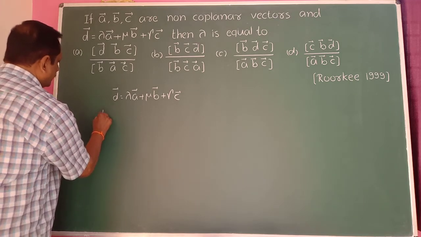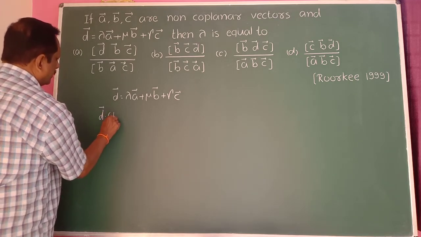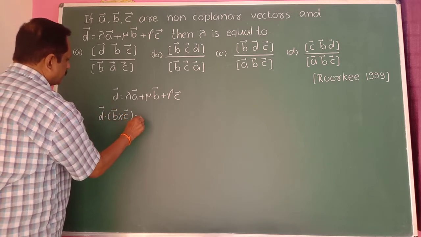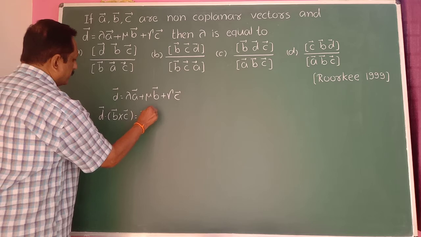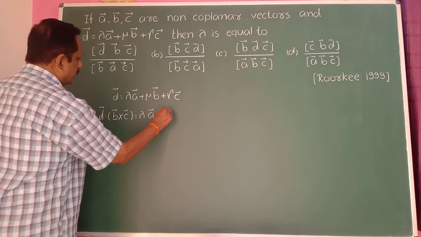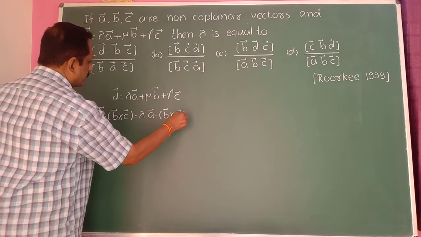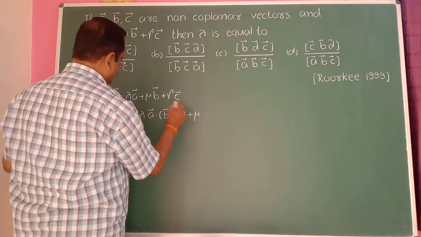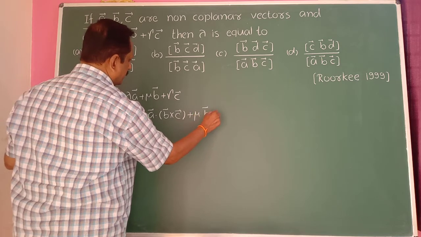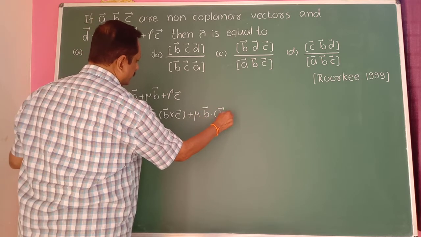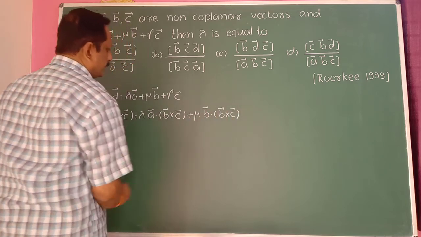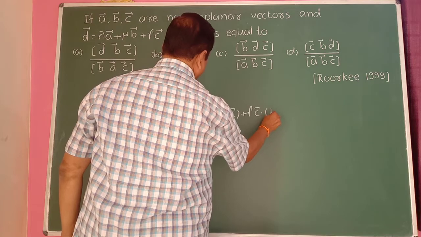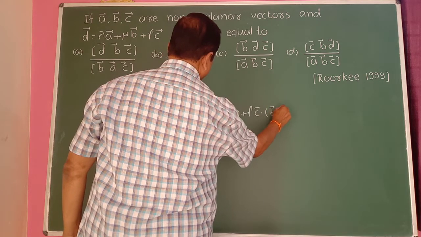So therefore, D bar dot of B bar cross of C bar is equal to lambda A bar dot of B bar cross of C bar, then plus mu into B bar dot of B bar cross C bar, plus gamma into C bar dot of B bar cross of C bar.